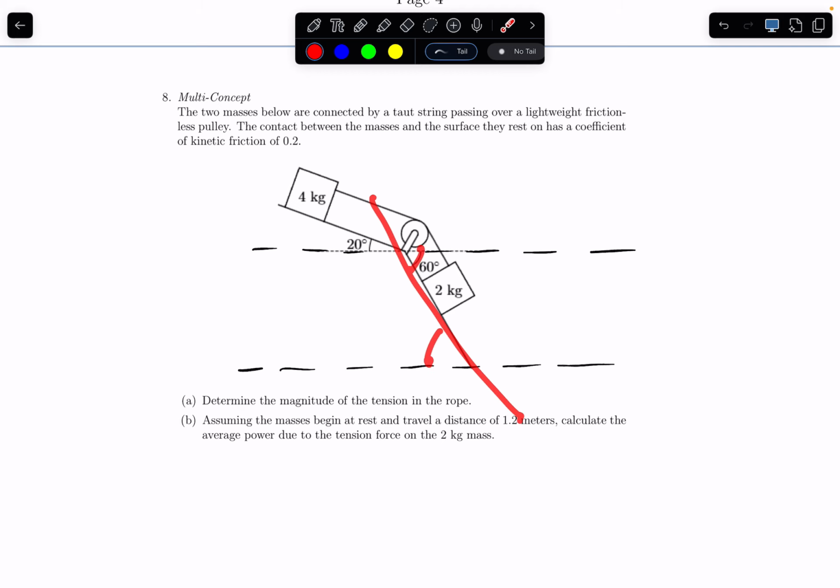Alternating interior angles are congruent. If this is 60 degrees, this also has to be 60 degrees. Does that make sense so far? All right. I wrote this on yellow paper, so it means it's important.